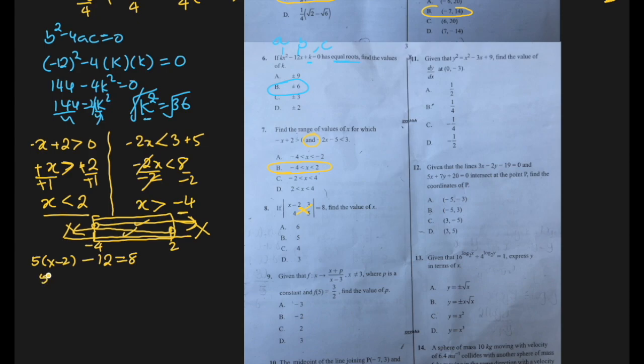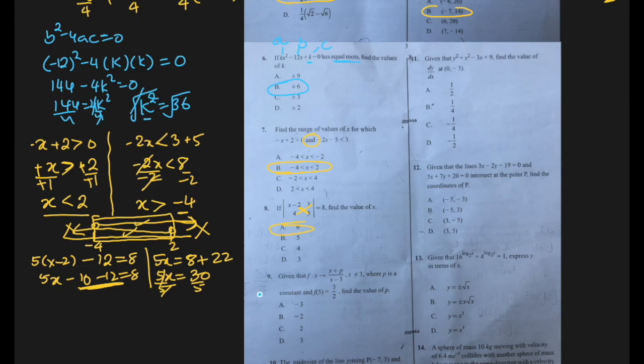So we'll just open the bracket here. 5x minus 10 minus 12 equal to 8. Let's complete it here. 5x equal to, this is negative 22, and let's bring it to the other side. So it becomes 8 plus 22, not negative anymore. So 5x equal to 30, divide both sides by 5, so we get x equal to 30 divided by 5, 6.